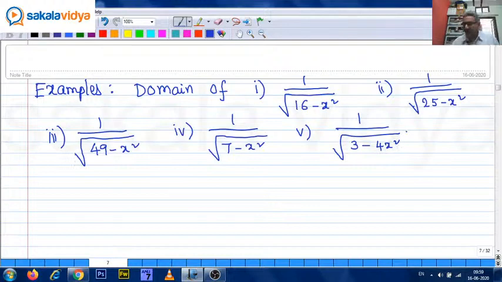Solve all the problems. Very good, Vaishnavi, Jasmita, Prasanna, Suma. Wonderful, wonderful. Okay, definitely, I will upload circles also.